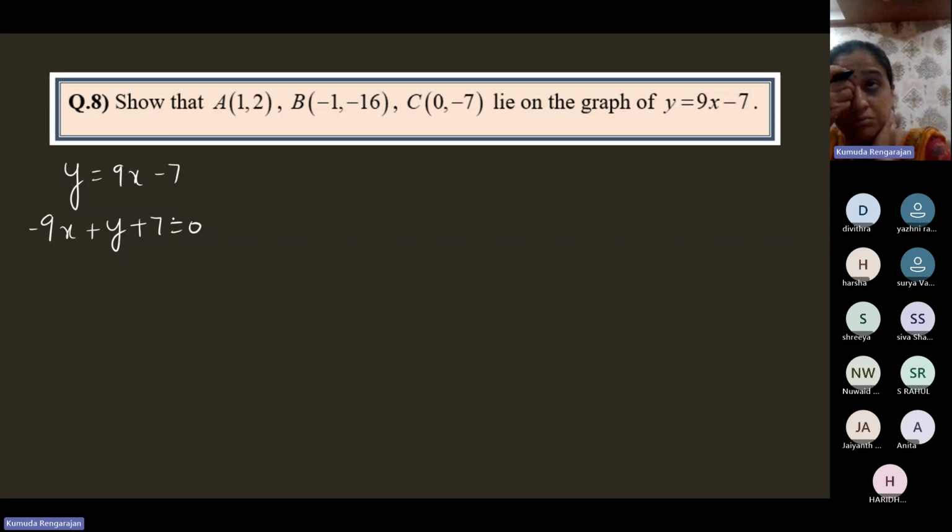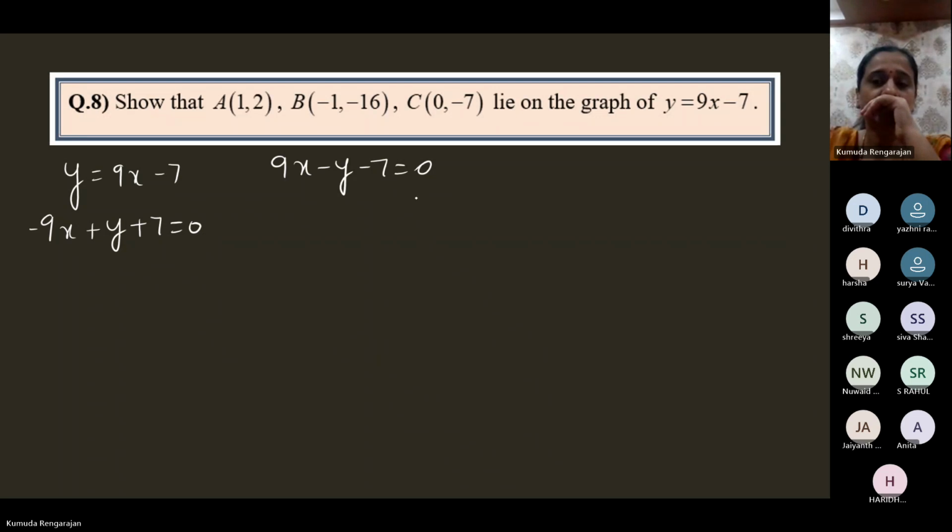Is this correct? Or you can take everything to this side and write 9x minus y minus 7 is equal to 0. Both are fine, children. Correct?